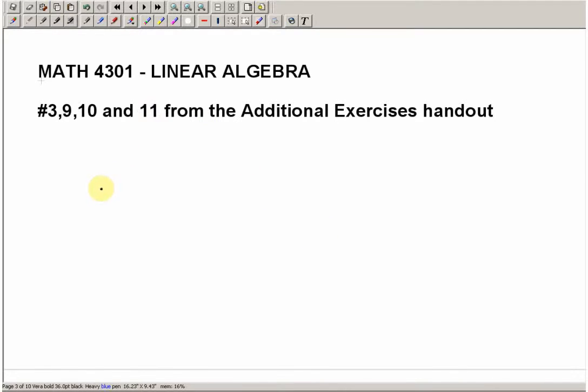Now we have the set S with two vectors. In part A, we want to describe the span of S. What I intended to ask here is for you to describe it geometrically, because we all know what span is.